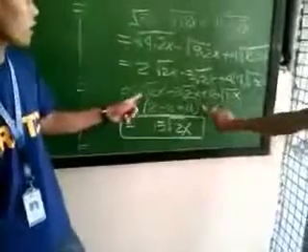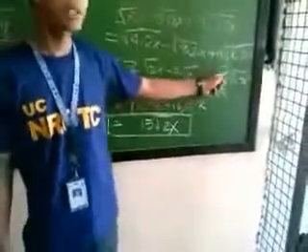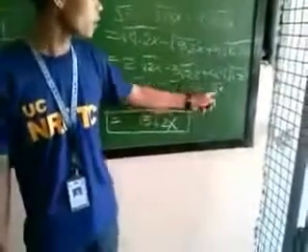The result is 2 square root of 2x minus 3 square root of 2x plus 4 times 4 equals 16, so plus 16 square root of 2x.